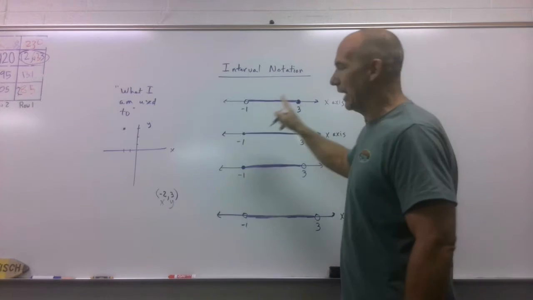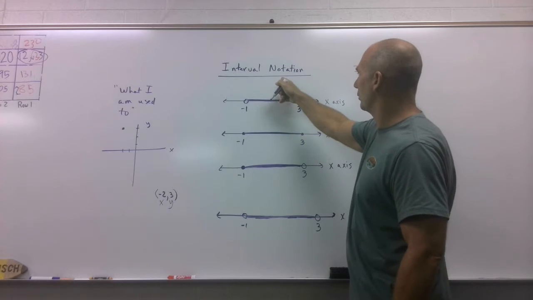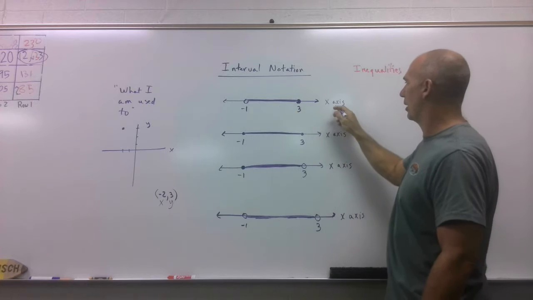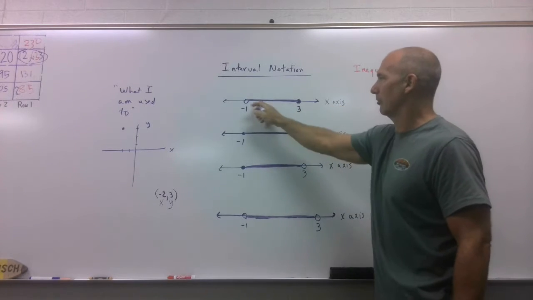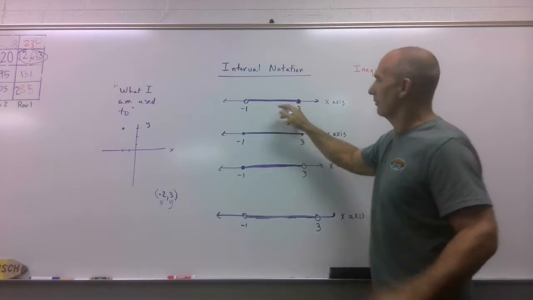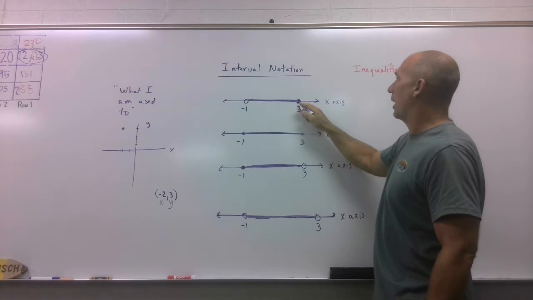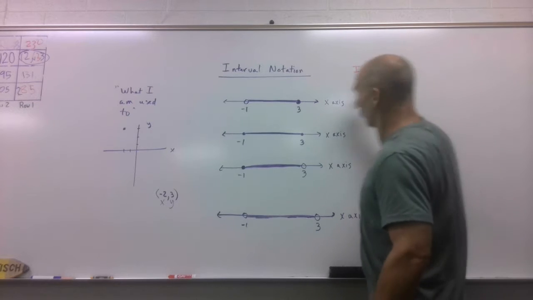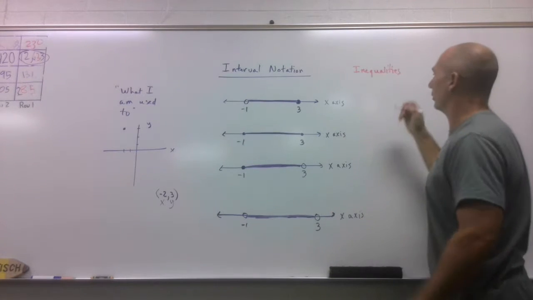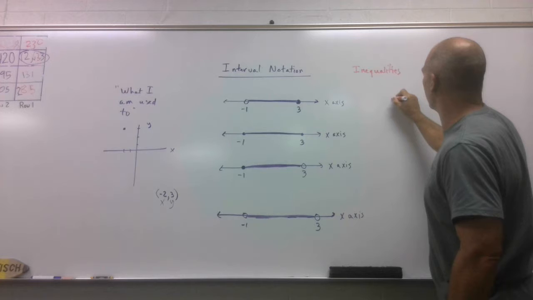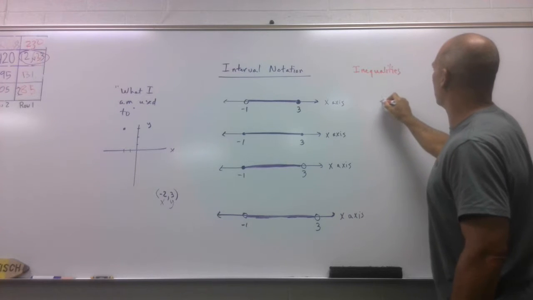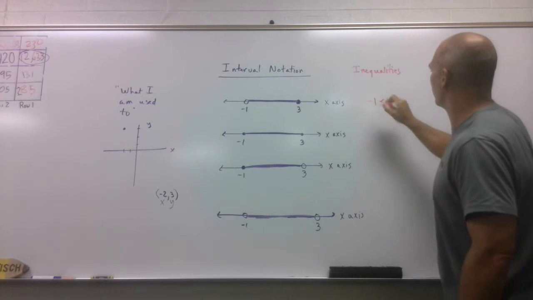So now you've got this idea, interval notation, where you look at, we're just going to call this the x-axis. So think of these as your x values. And notice there's an open circle for -1, a closed circle for 3. Now, in what you're used to, inequalities, you would say, okay, x for this one can be strictly greater than -1.